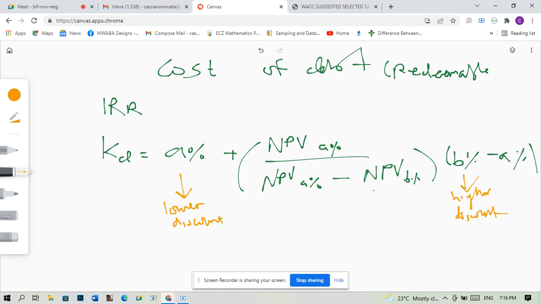So we're going to calculate the net present value using these discount rates for the internal rate of return. When you're calculating the net present value, you're going to have a negative and a positive value. You're going to need two values, so you're going to use a high discount rate and a low discount rate. I'm going to show you how we're going to calculate our net present values.